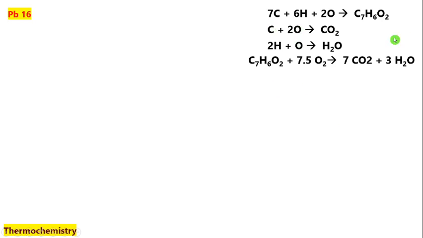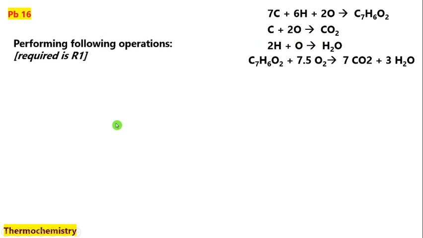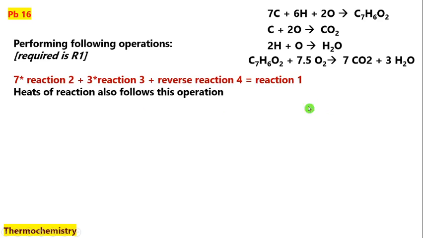Alright. Now, these are the equations we have written earlier, equation number 1, 2, 3, 4. Let us do the manipulation. You can multiply reaction number 2 with 7, reaction number 3 with 3, multiplying throughout with 3, and reverse reaction number 4 and add them. If you do that, you get equation number 1.